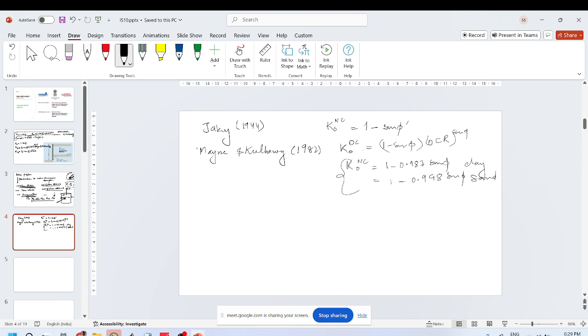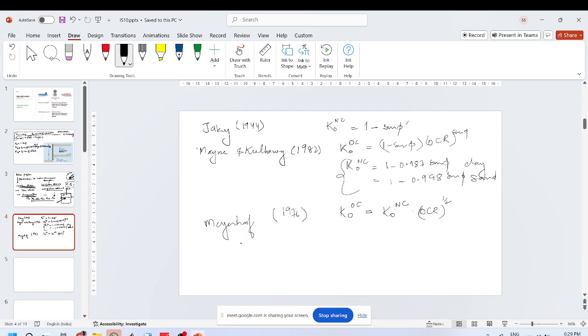And then we have another, there is this one, Meyerhof has given in 1976, K naught OC equals K naught NC into OCR raised to power half.